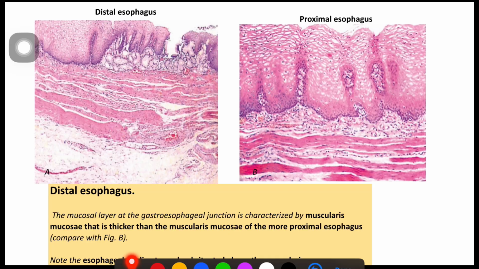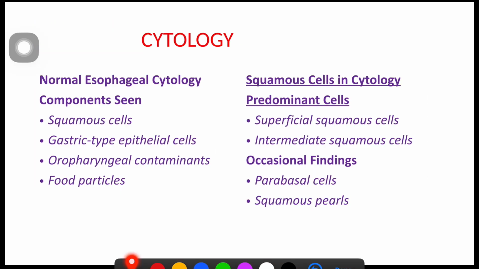So whenever we see the biopsy, the location of the biopsy site is important, because if we are getting a distal esophageal biopsy, we will have this type of glands increased in number as well as thickened muscularis mucosae, while if we are getting it from proximal esophagus, then glands may be there, but the muscularis mucosae layer is thin compared to the distal one.